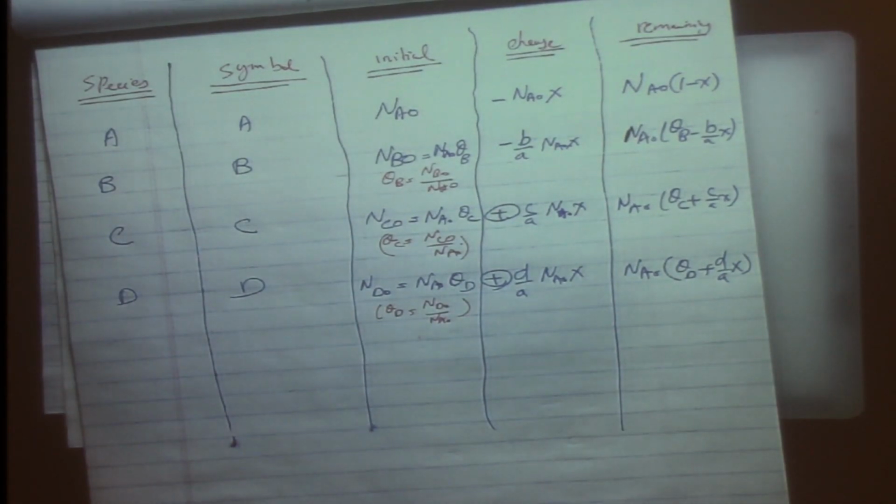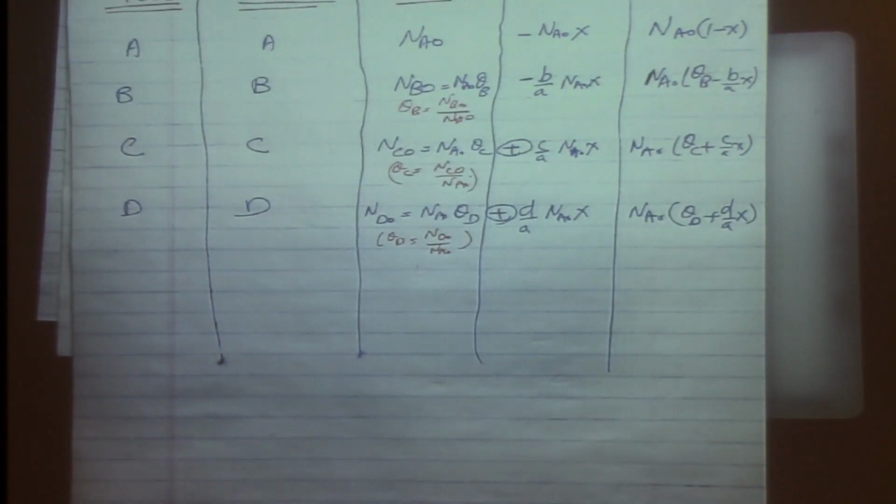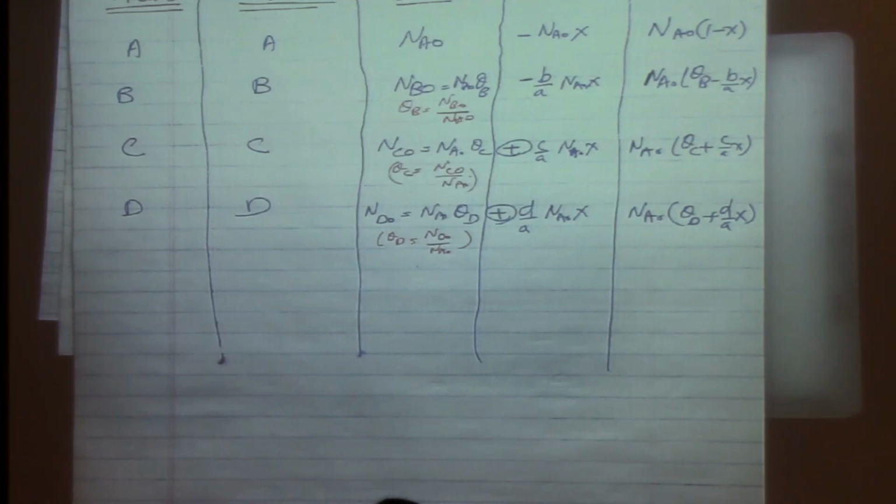So in a lot of occasions, even for this four-component A, B, C, D, you have something we call inert, which is I. It means that it is in the vessel, in your reactor, but doesn't enter the reaction.